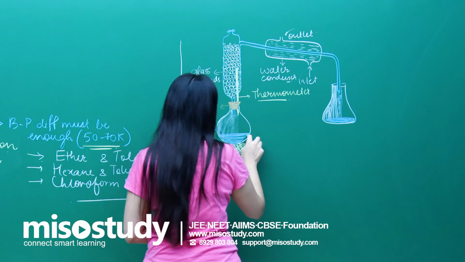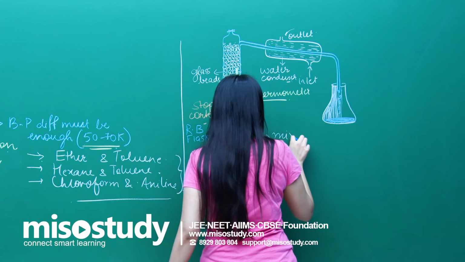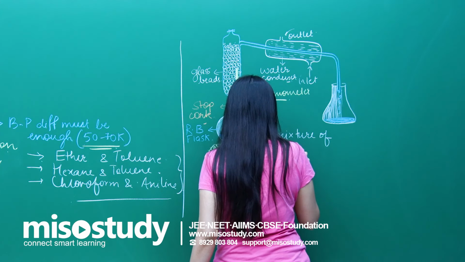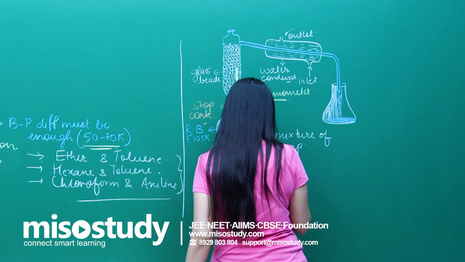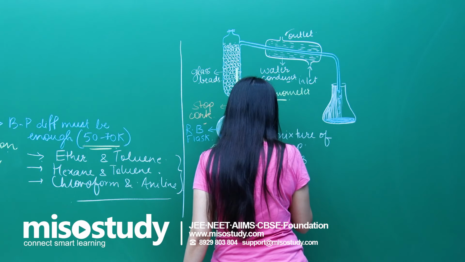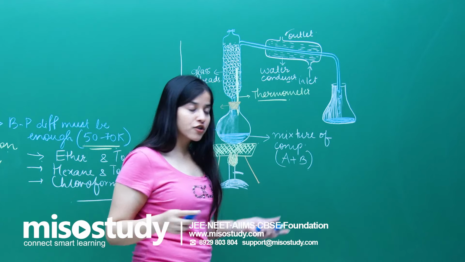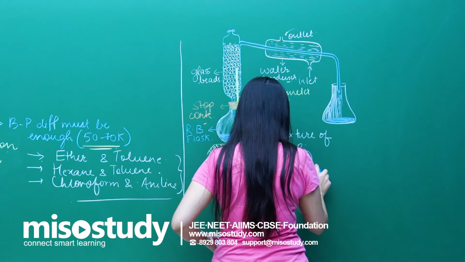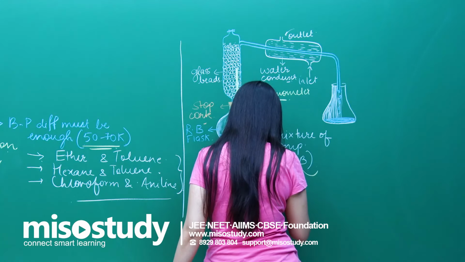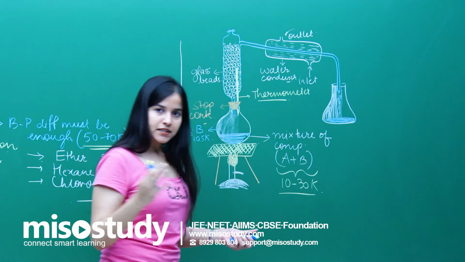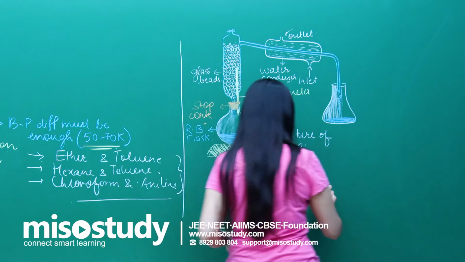So we have got a mixture of compounds over here, and that too, let's just say A and B. The difference between the boiling points in the mixture of compounds here in the case of fractional distillation is approximately 10 to 30 kelvins, not more than that. So here the boiling points are closer.